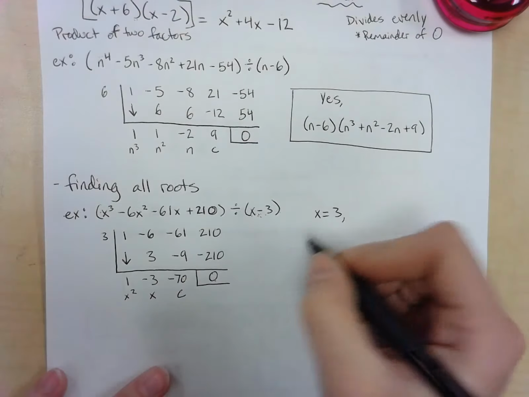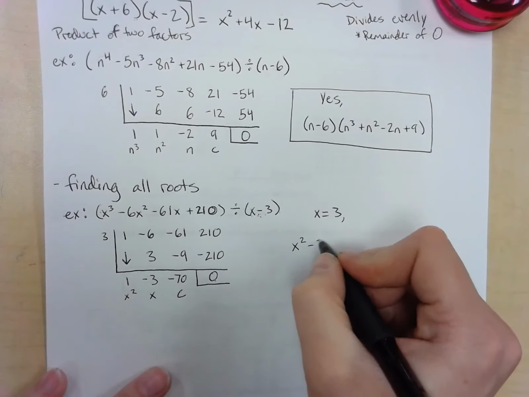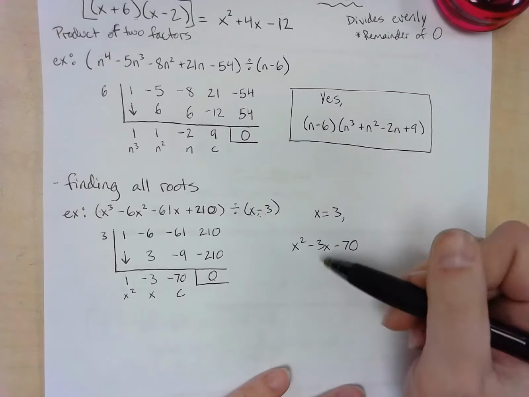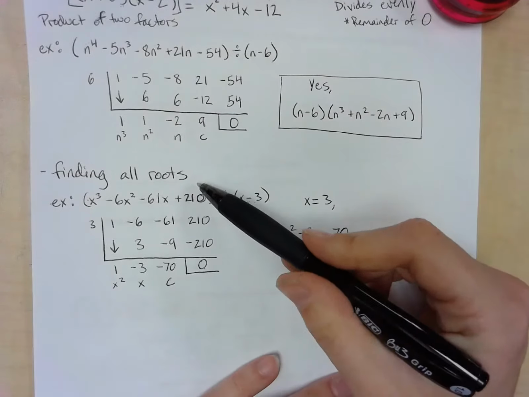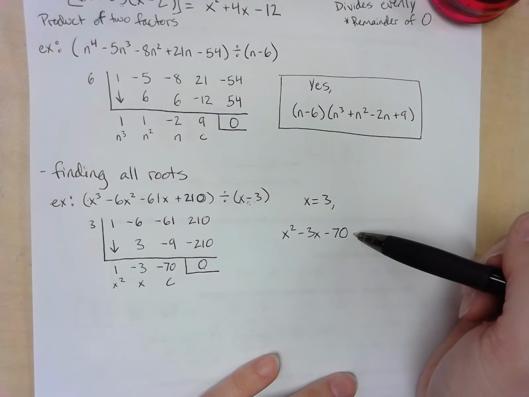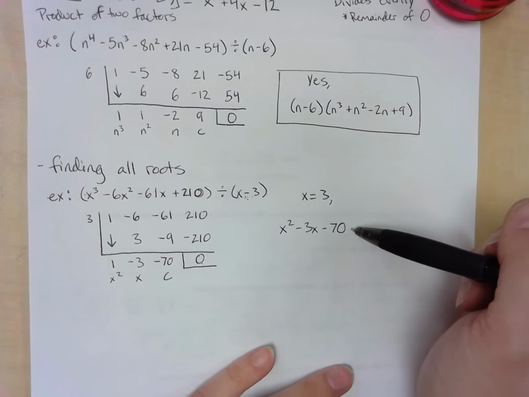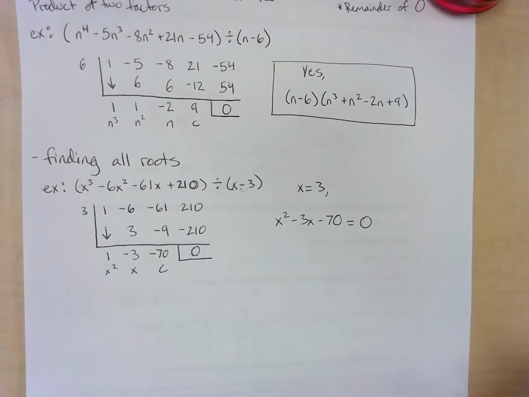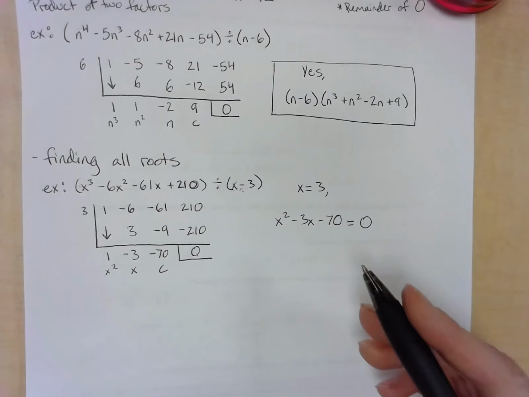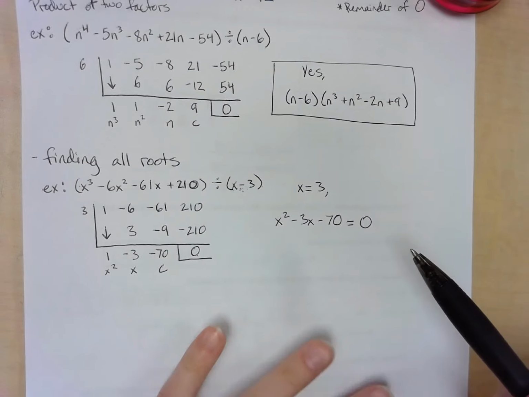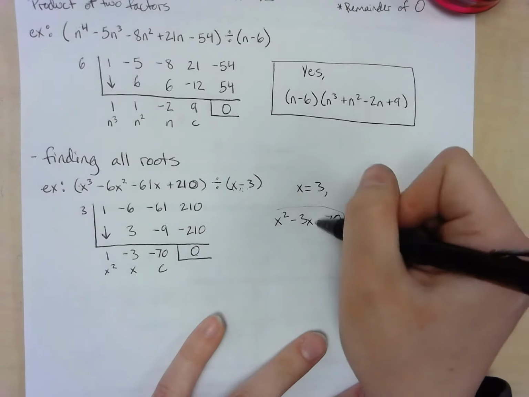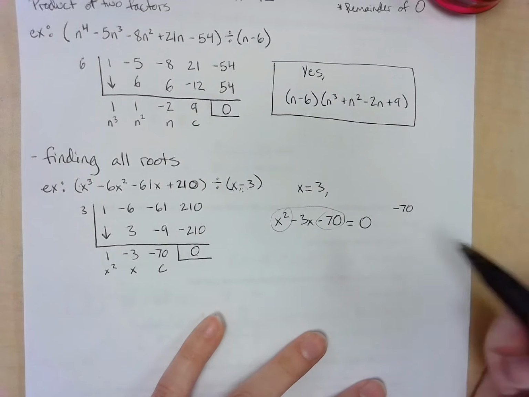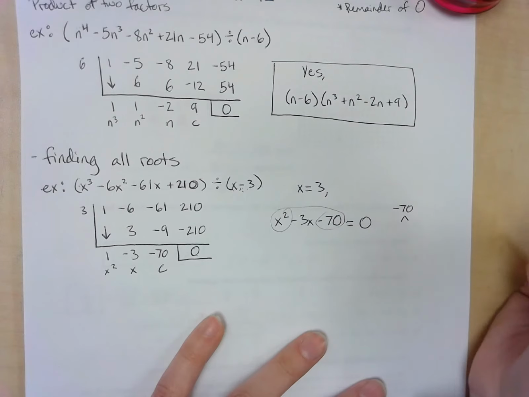Now I'm left with x squared minus 3x minus 70, and I have to find all roots of that. Roots, aka solutions of a quadratic. That's something that you've done all year. I'll set this equal to 0 and solve, whether that be through factoring, complete the square, or quadratic formula. I always like to try factoring first. Is there anything that multiplies to negative 70 and adds to negative 3?